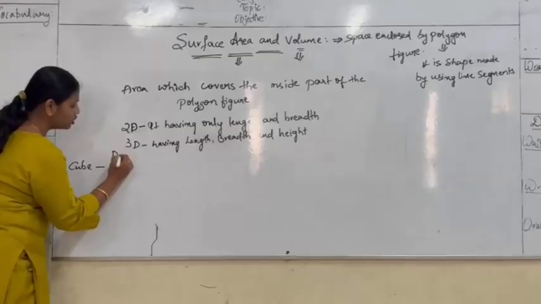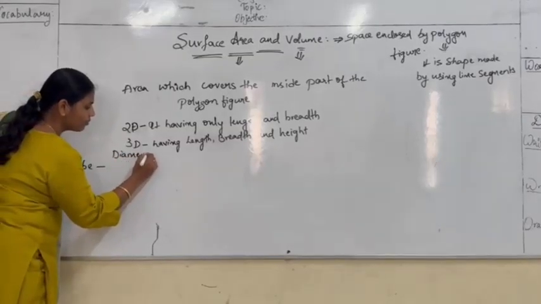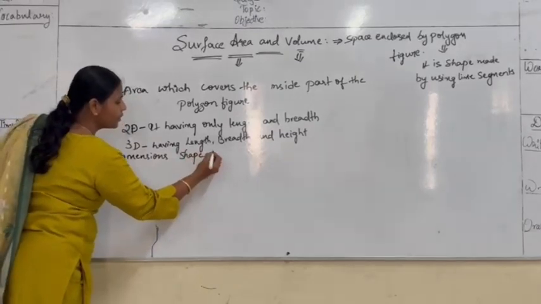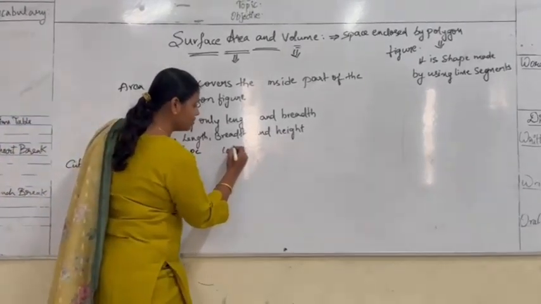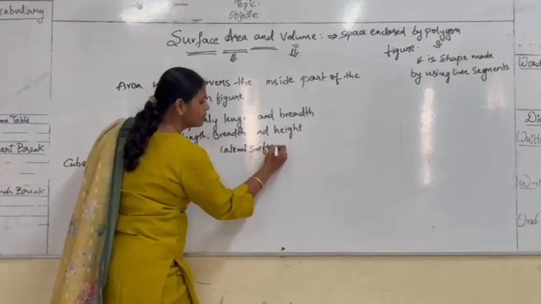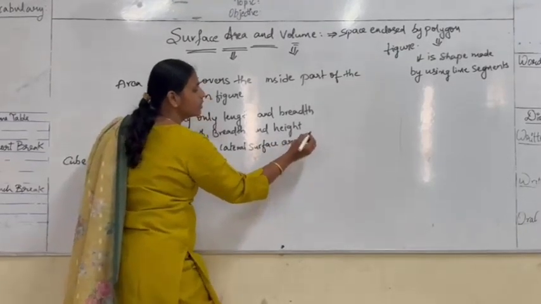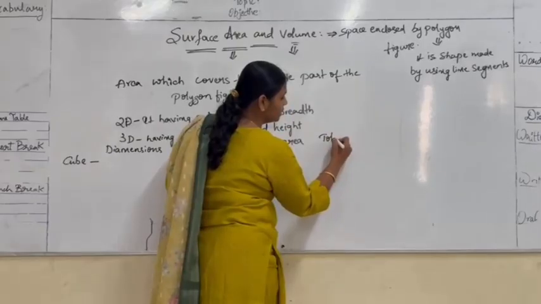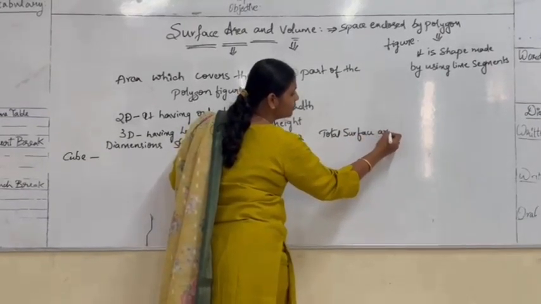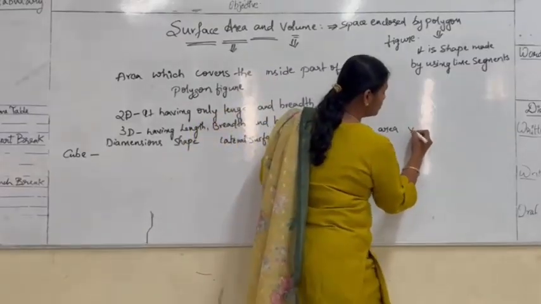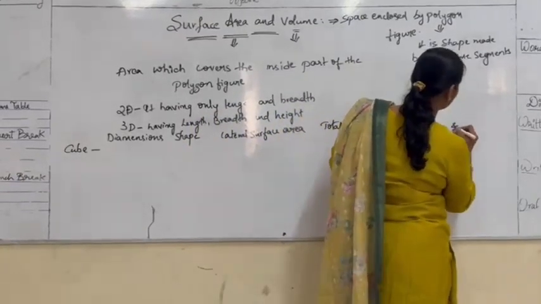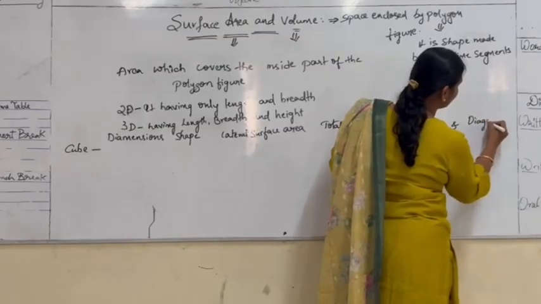It has dimensions, shape, lateral surface area, total surface area, volume, and diagonal length.